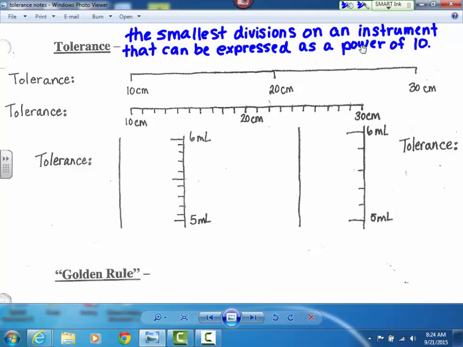The tolerance of an instrument is the smallest divisions on an instrument that can be expressed as a power of 10. What does that mean?